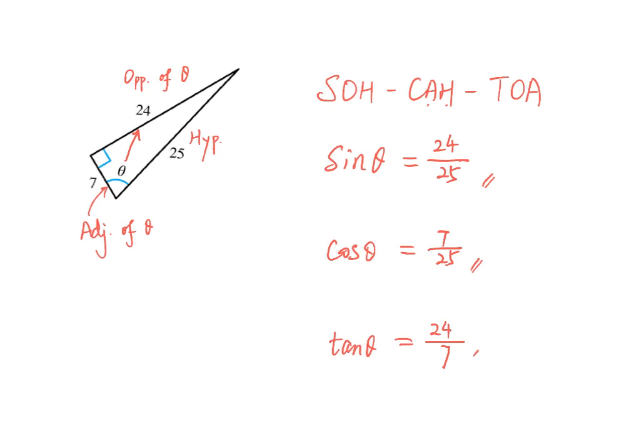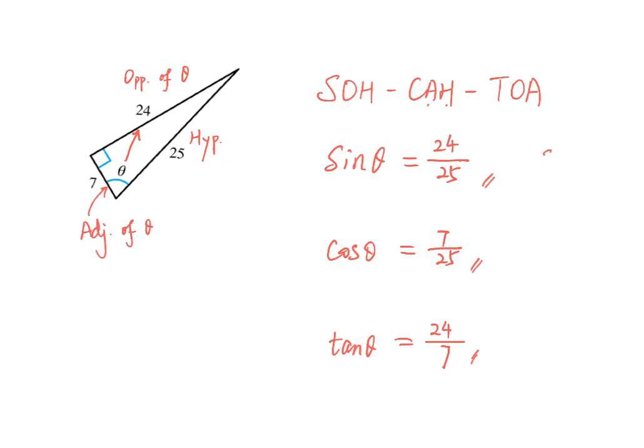After you get the values of sine, cosine, tangent, you can use any one of them to get the angle size, the value of theta. How to get it? You can use your calculator.